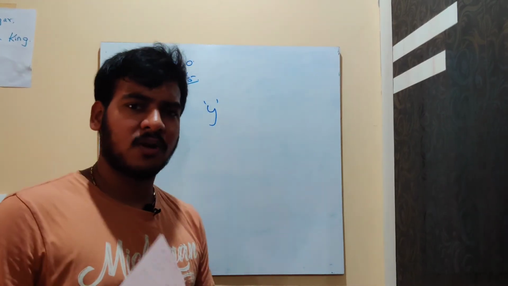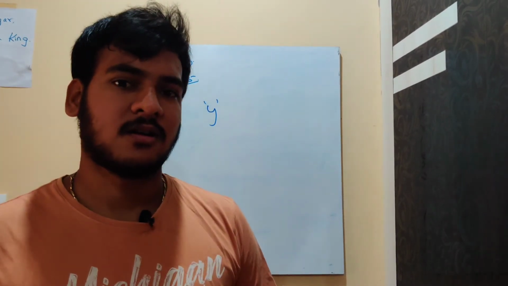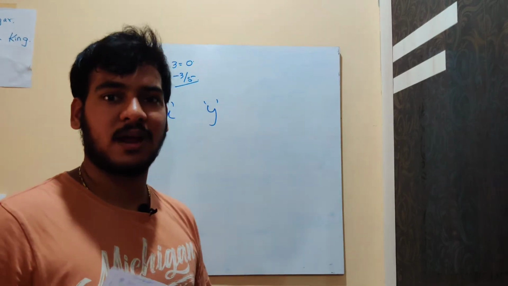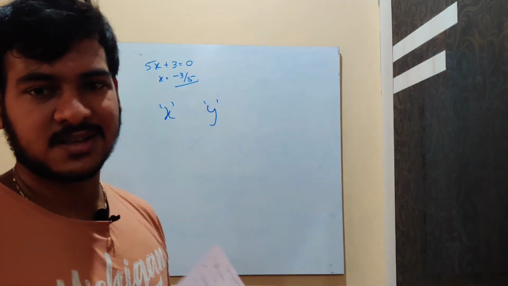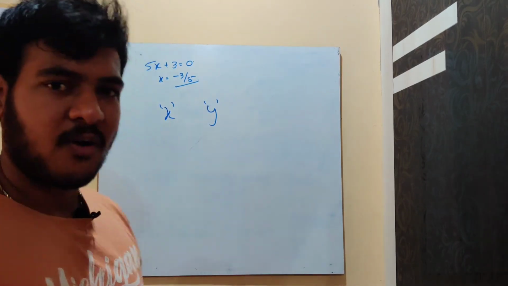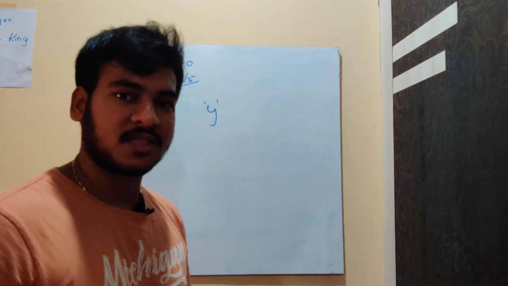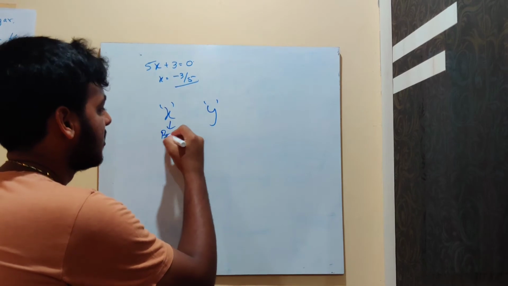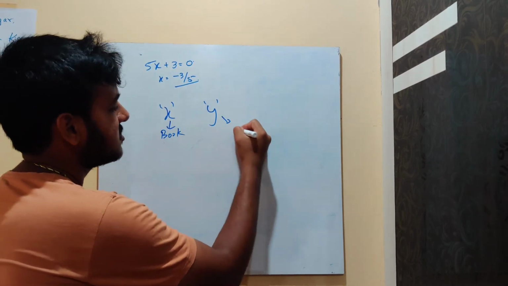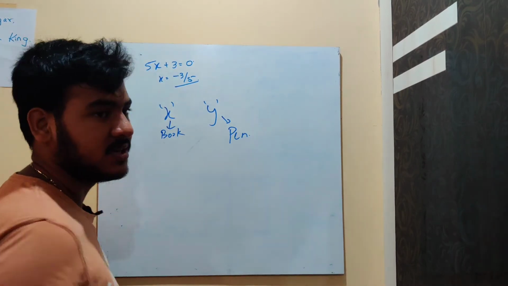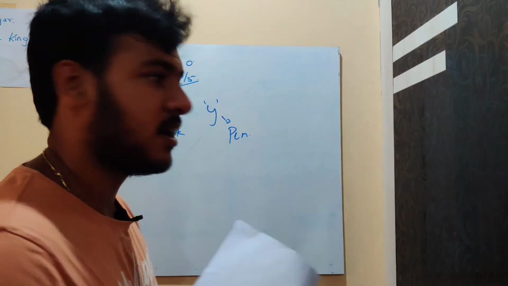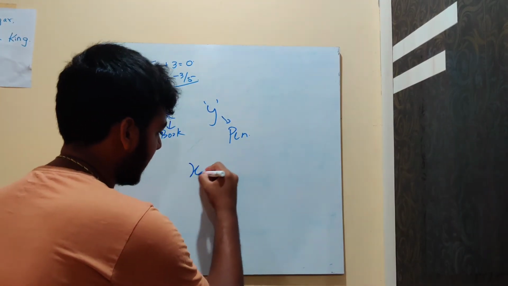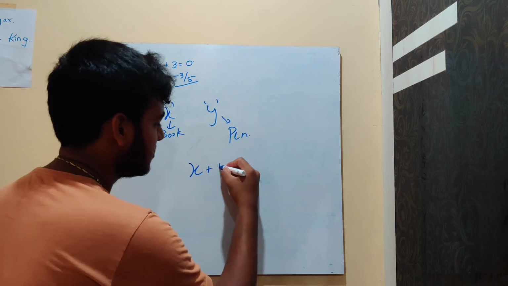So if we add up the cost of a book and the cost of the pen, we get the sum as 100. I'll be forming a linear equation in two variables for this statement. The cost of a book is x rupees plus the cost of the pen is y rupees.